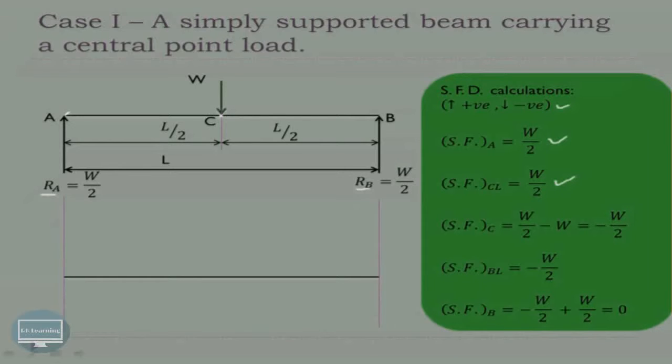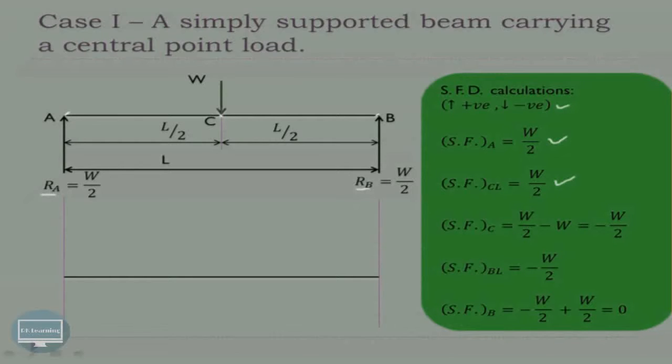But exactly at this point C, there is a point load or concentrated load of W acting in the downward direction. Hence to this W by 2 we have to add in the negative direction this point load W, and therefore shear force at point C will be minus W by 2.